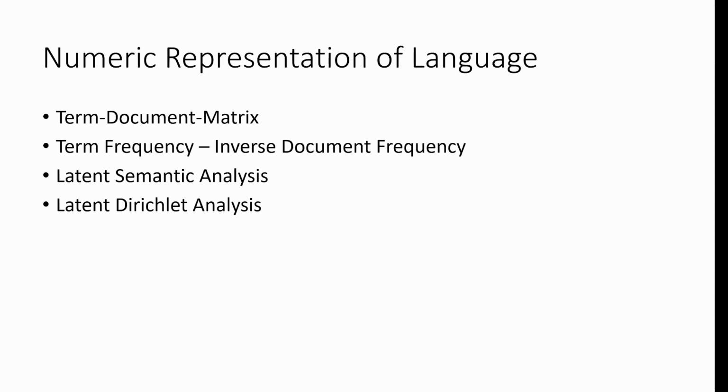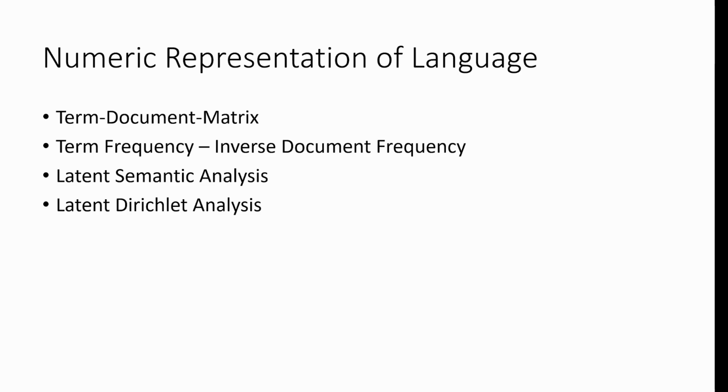And we move on to more complex representations with the latent semantic analysis. And this effectively takes the term document matrix and does linear algebra math on it, specifically singular value decomposition to find relevant topics.